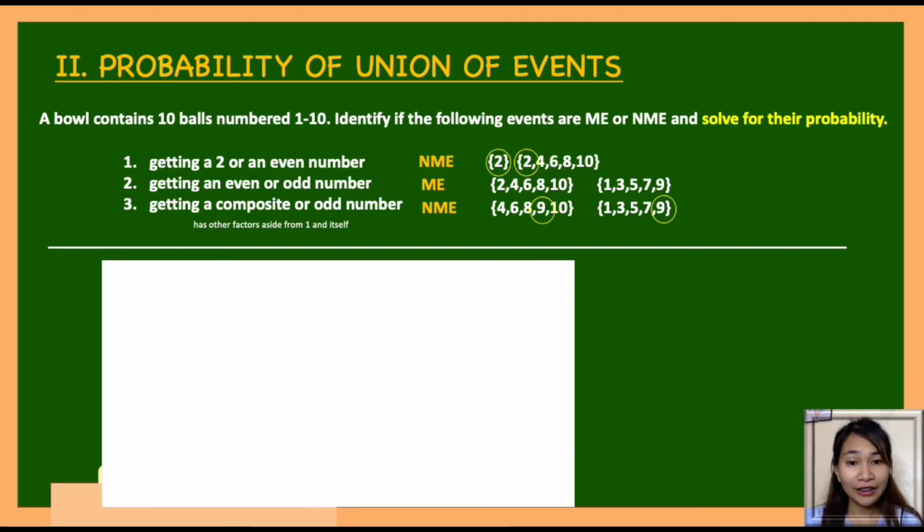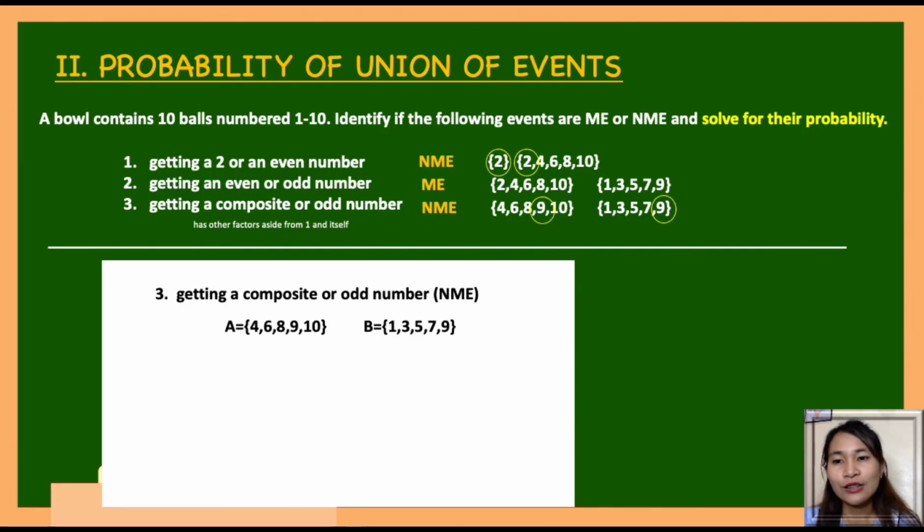For the third event, getting a composite or odd number, we already identified it as a not mutually exclusive event. Let A be the composite numbers, with possible outcomes 4, 6, 8, 9, 10, and for B, the odd numbers, we have possible outcomes 1, 3, 5, 7, 9. Since they have an intersection, they are not mutually exclusive events, so we subtract their intersection.